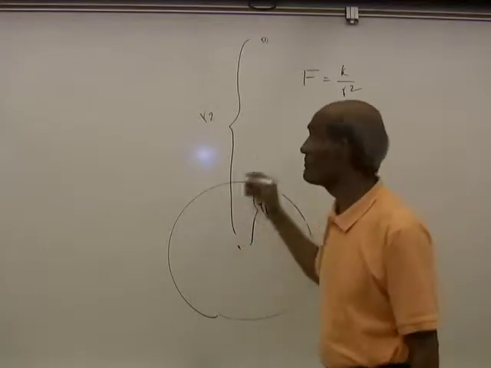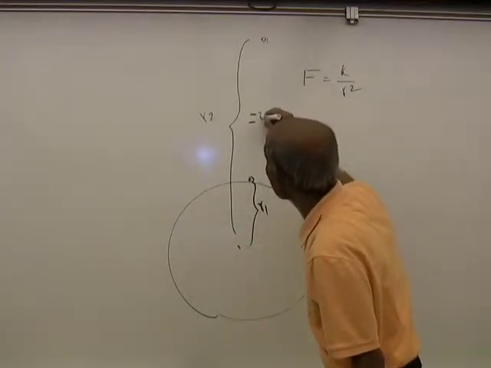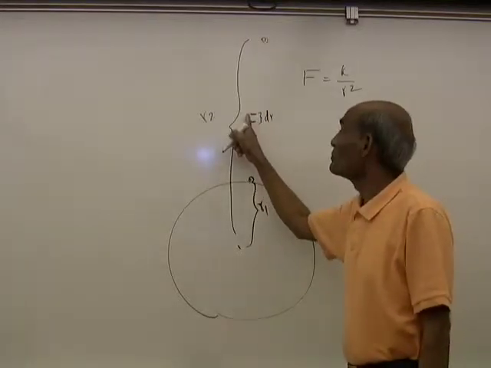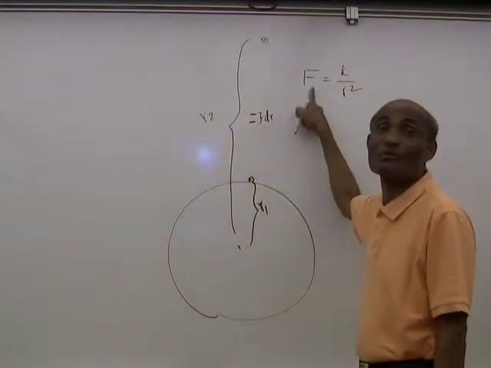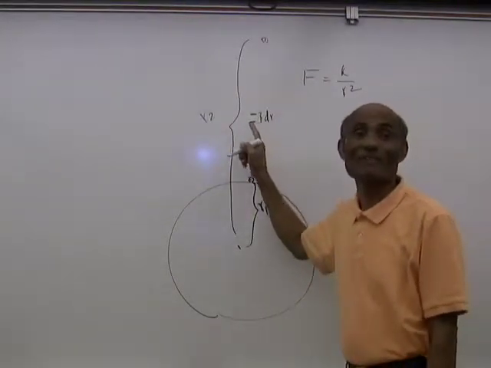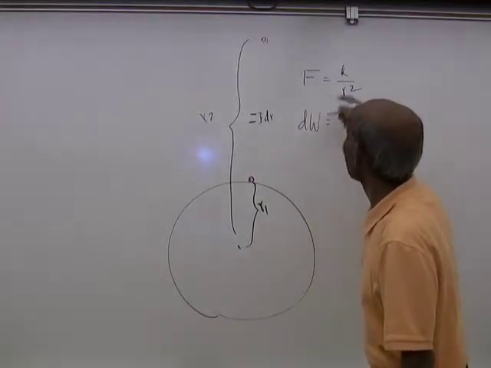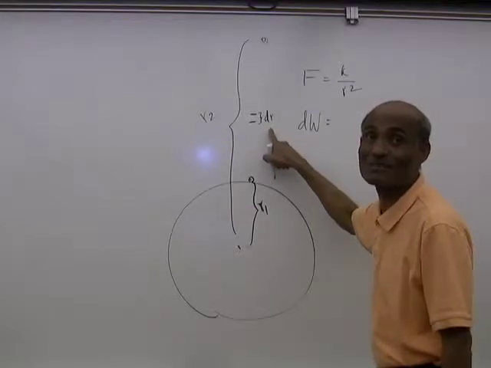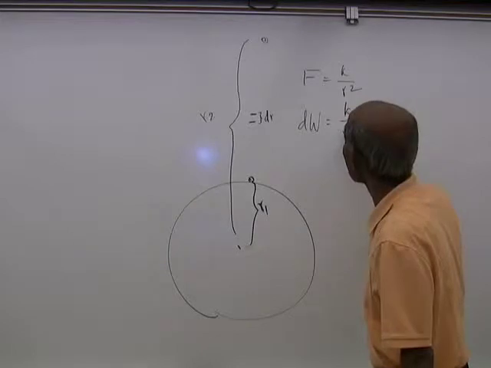Now, what's the method we do? We take a small displacement dr here. We will assume that during that displacement, this force will remain a constant. And therefore, the small work dW will be force times that small displacement. And force equal to k over r squared.